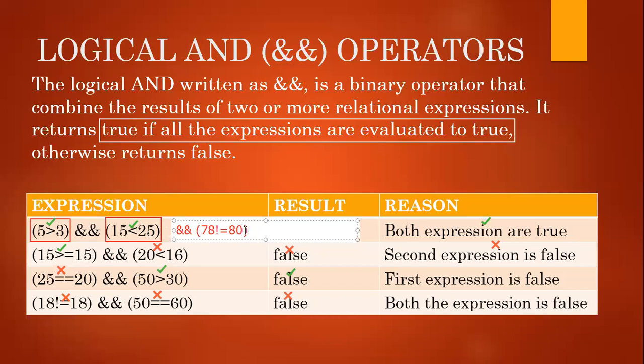So all three are true. So what will happen? This will again result in true because all the expressions are true. So don't think that only two expressions are being checked. We can use as many expressions as we want because and is used for more than one relational expression.